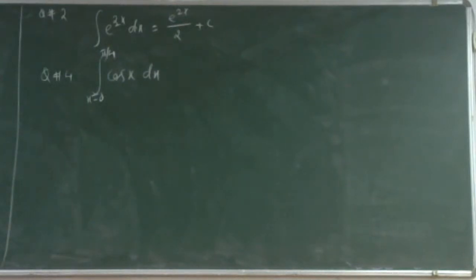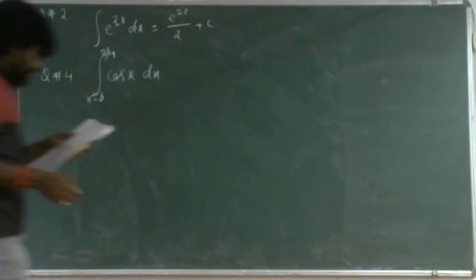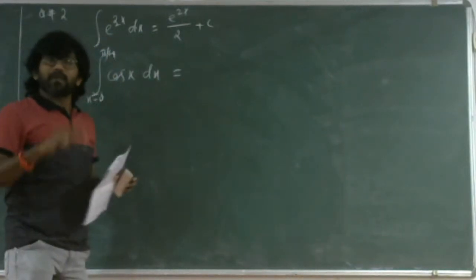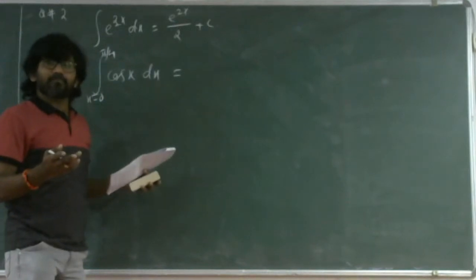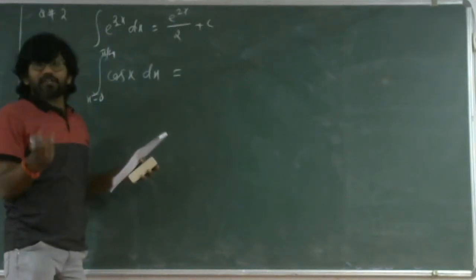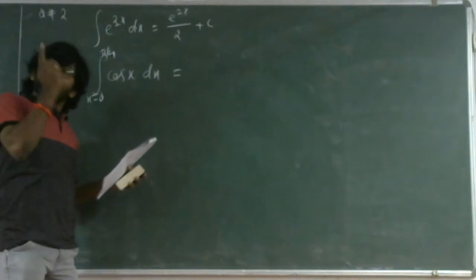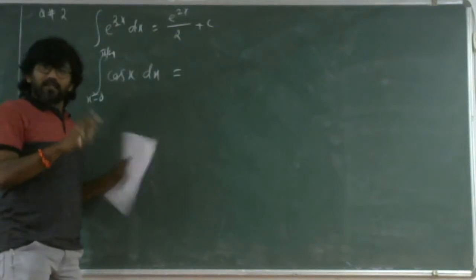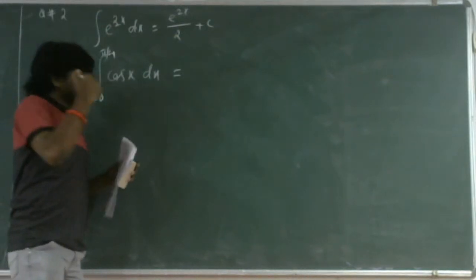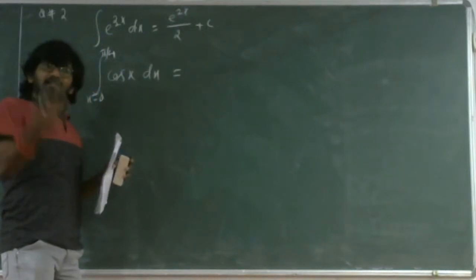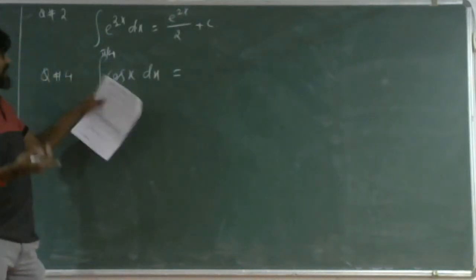Integral of cos x is plus sin. With differentiation you have to be careful. Differentiation of sin is cos, cos is minus sin. But integration of sin is minus cos, cos is plus sin.